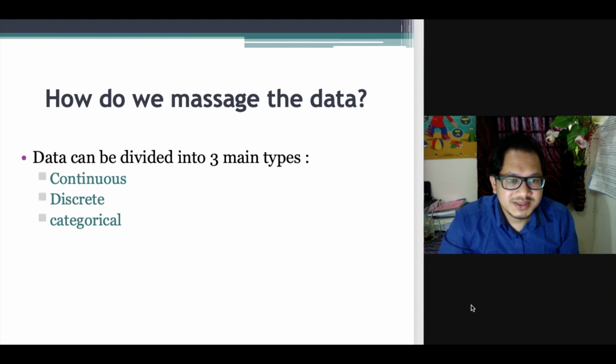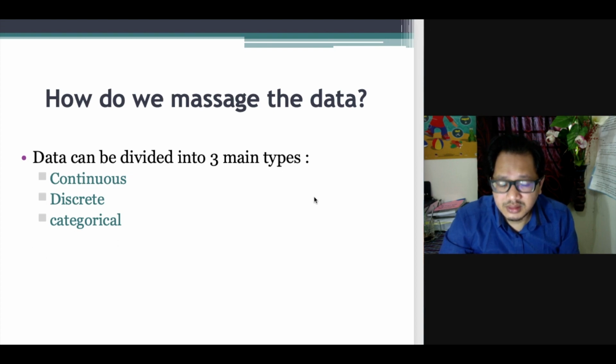Okay, how do we massage data? Our data can be discrete, continuous, or categorical. Our data must be between 0 and 1.